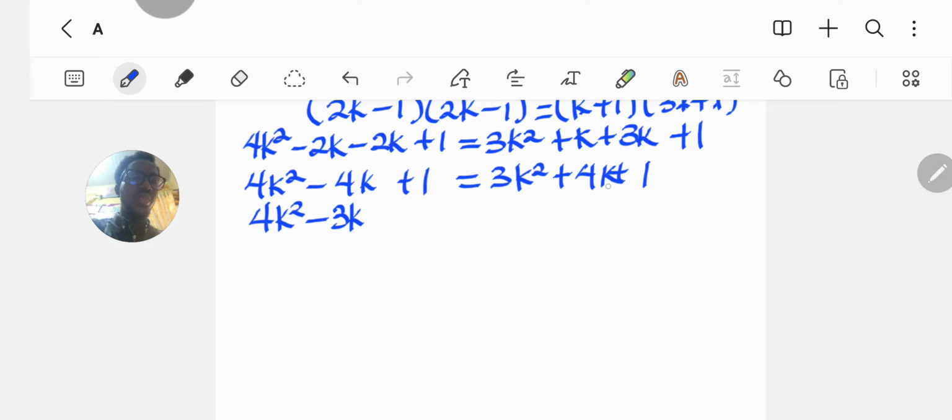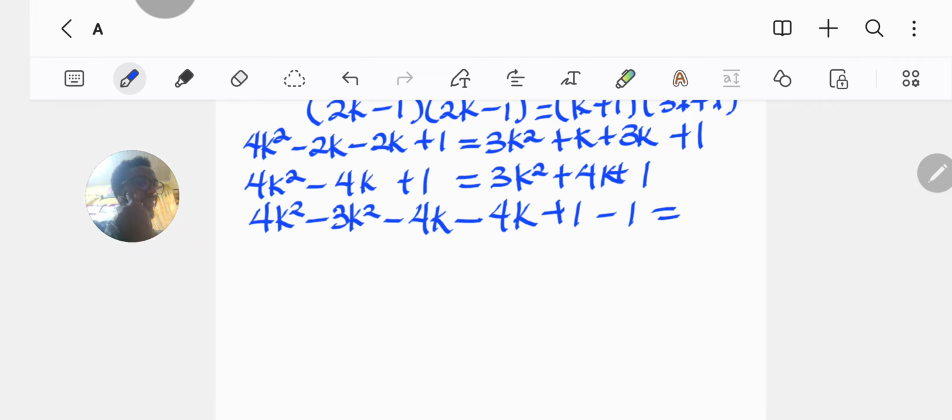Then plus 4k on the right hand side comes to the left hand side, we are going to have minus 4k minus 4k, which is minus 8k, plus 1 minus 1 equals 0.